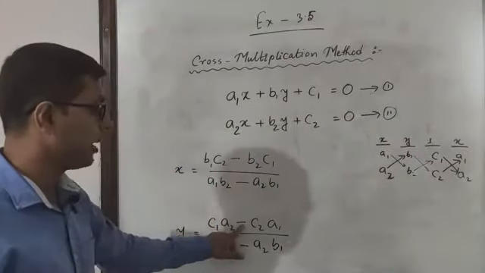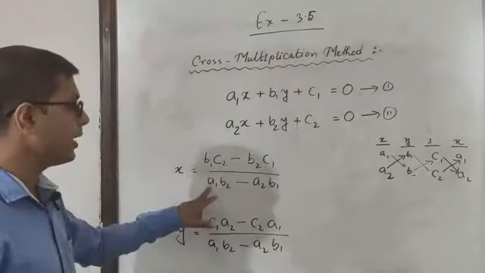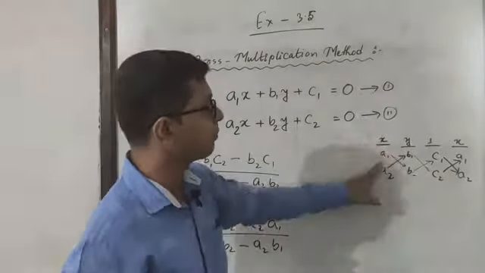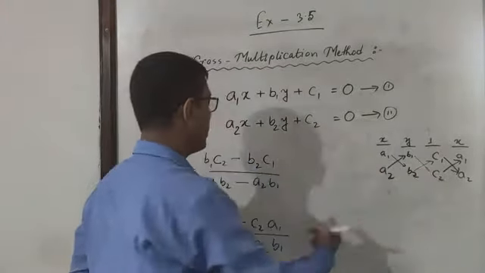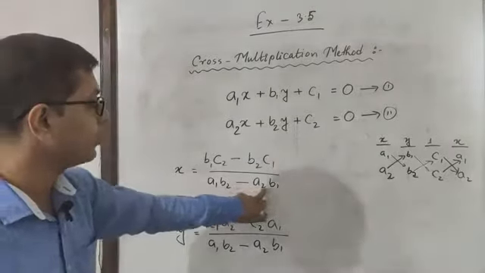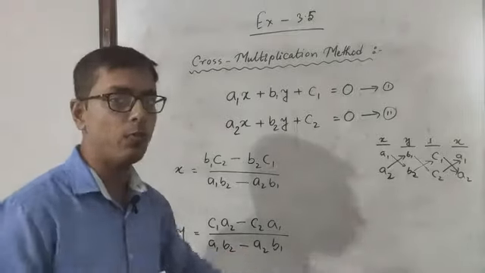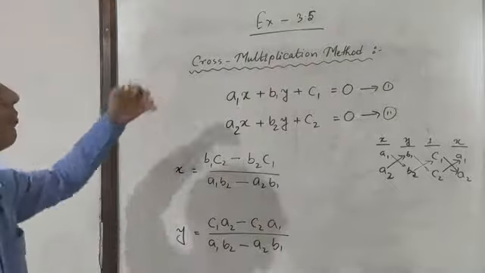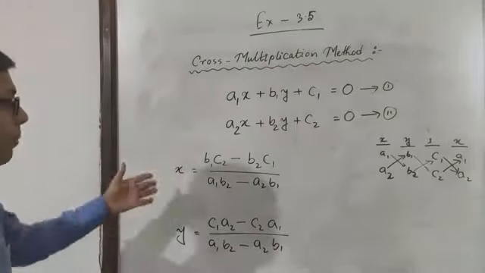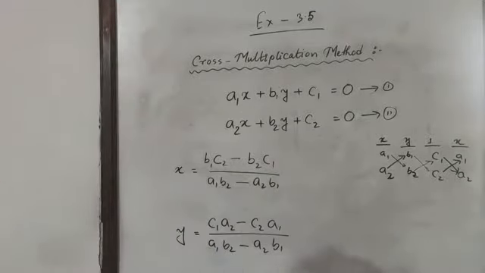The denominator is the same for x and y: you have to multiply a1 into b2 minus a2 into b1. Is that okay? So this is a very simple way to solve a given pair of linear equations by the cross multiplication method. I hope you have understood the technique. Now let us take one example.